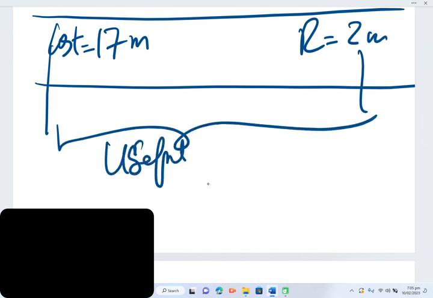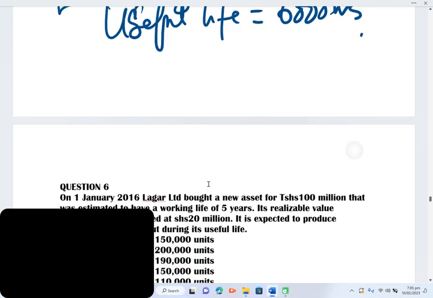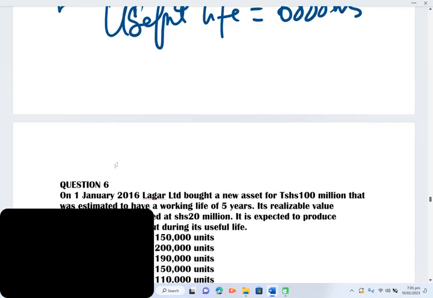Ngapi? F6 hours. Umeelewa? Sasa you go second step. Unaweza kupata rate. Rate ni ngapi? Unasema 17 tu hata unapata ngapi? 200, sorry, yes.